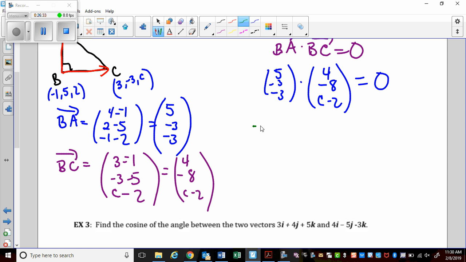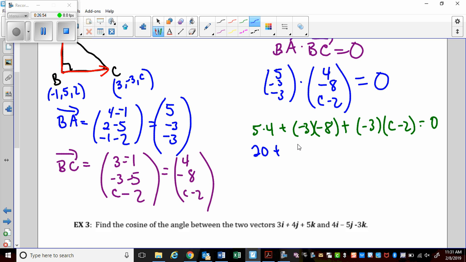And we do the dot product. This is going to be 5 times 4 plus negative 3 times negative 8 plus negative 3 times C minus 2. It has to equal 0. I would just simplify this. We know this is 20 plus 24 plus, distribute this negative 3, minus 3C plus 6 equals 0.